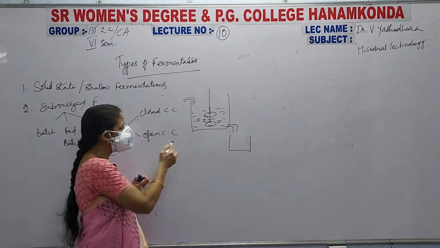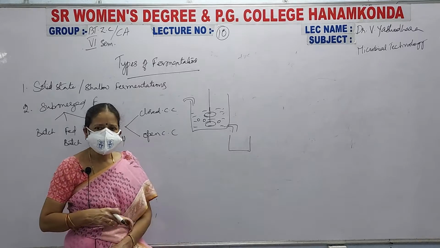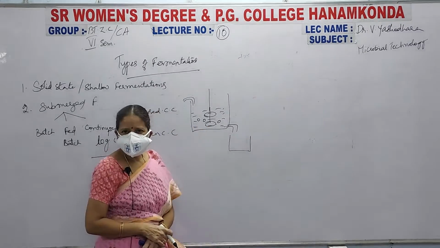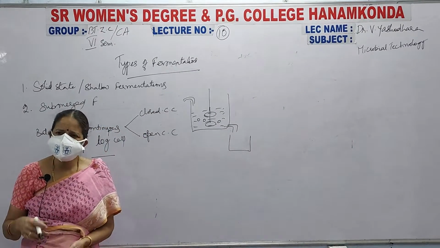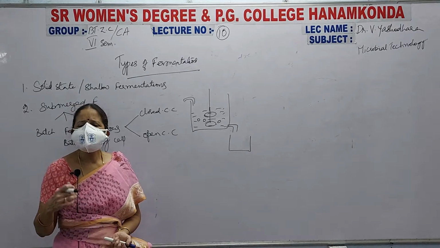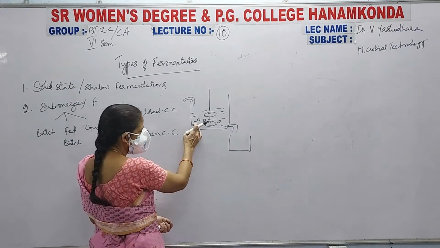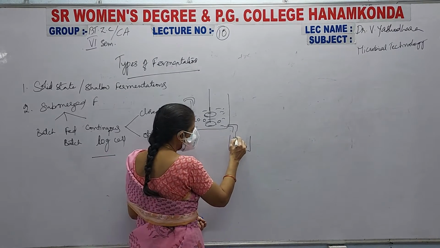Now when it is spinning, uniform mixing of medium and microorganisms takes place, and these will help in production of your product. It may be protein, enzyme, vitamin, lactic acid or glutamic acid, or the antibiotic penicillin or streptomycin, whatever it may be, they are synthesized by these cells. Once it is synthesized, the product is collected through the outlet.